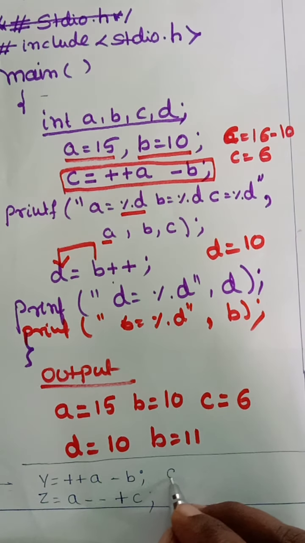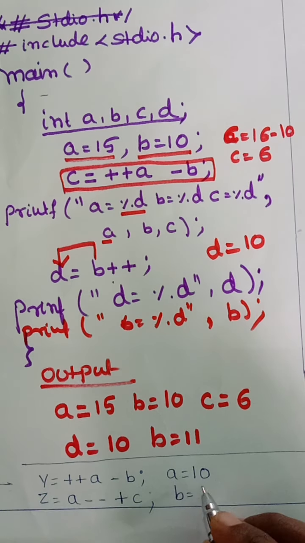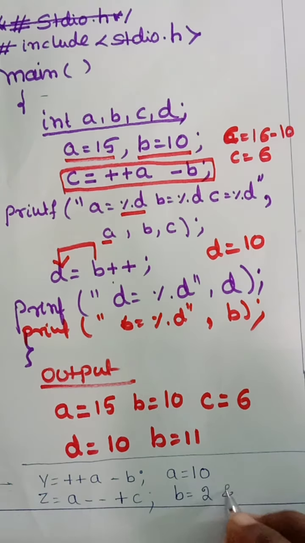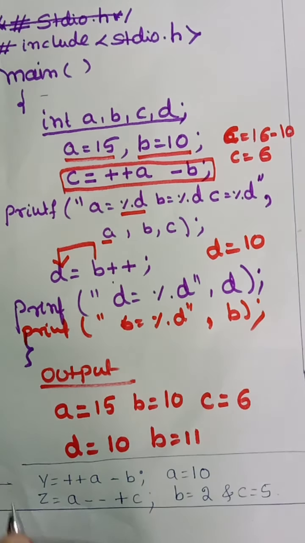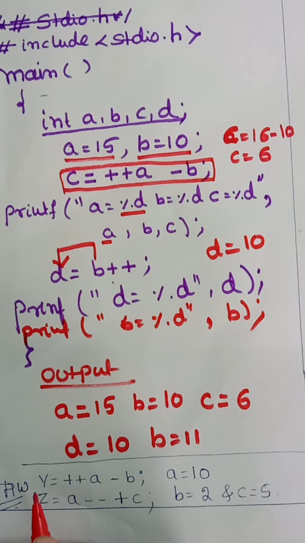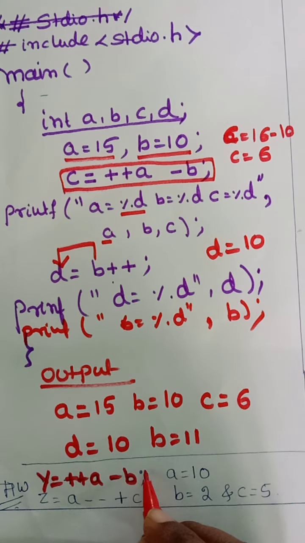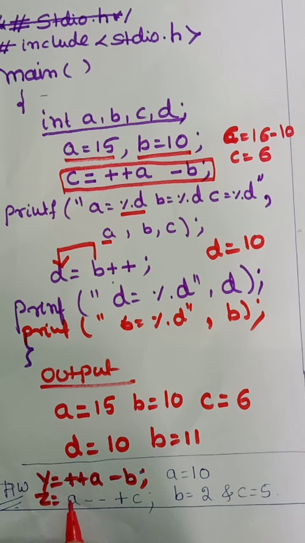Take the value of a is equal to 10, b is equal to 2 and c is equal to 5. This is your homework. I will tell you once again. You have to write the program for the expression y is equal to plus a minus b, z is equal to a minus minus plus c.